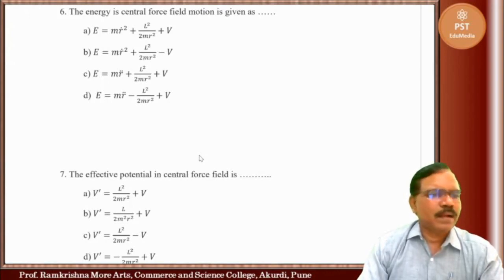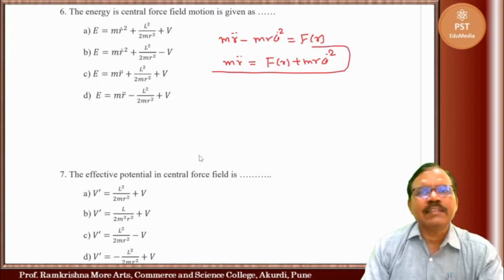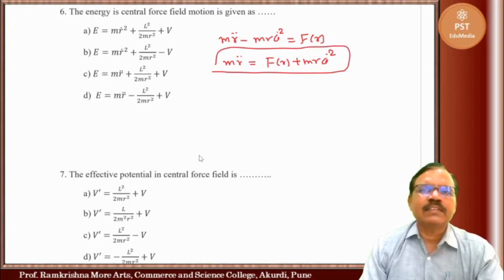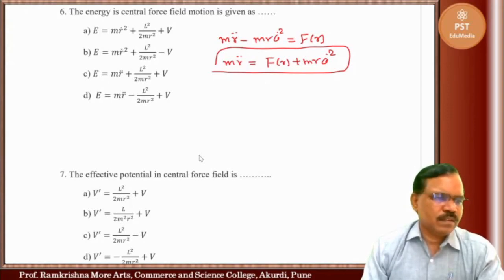we know m r double dot minus m r theta dot square is equal to f of r, and if we write this, m r double dot is equal to f of r plus m r theta dot square, and if we integrate this, then we will get what means here, we can write simply.